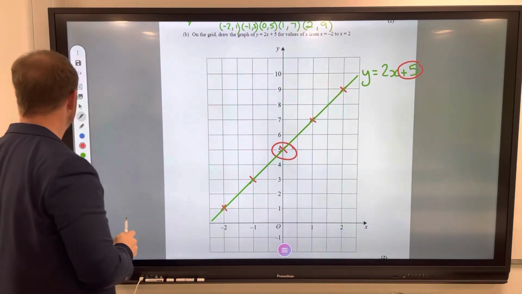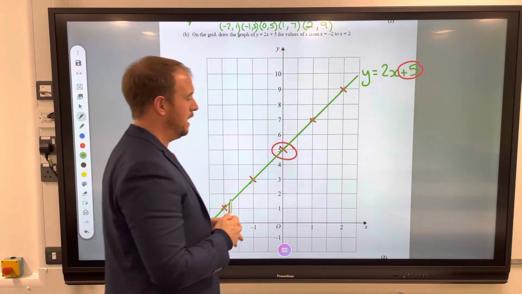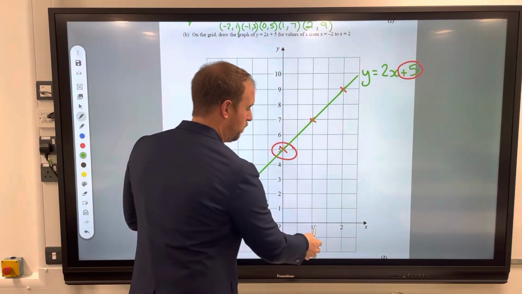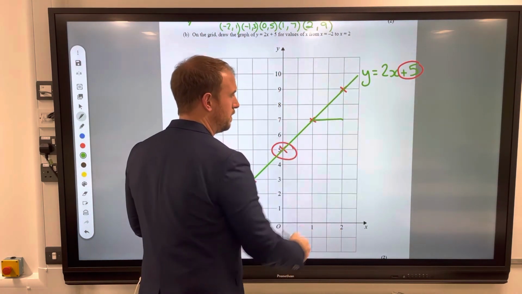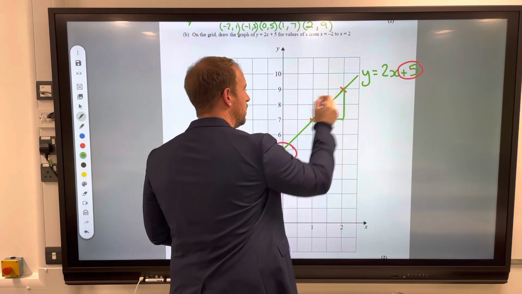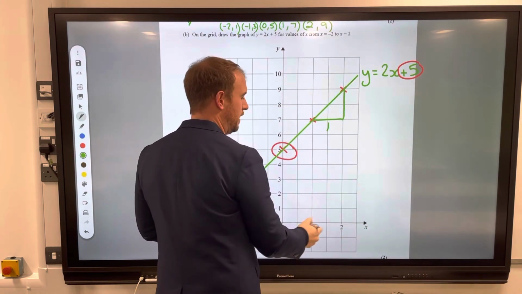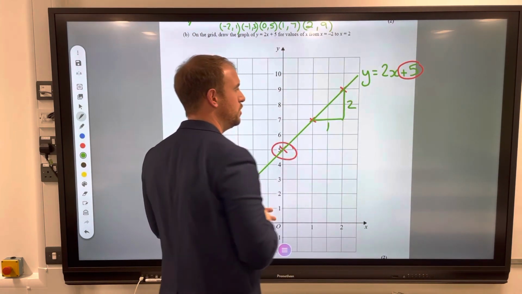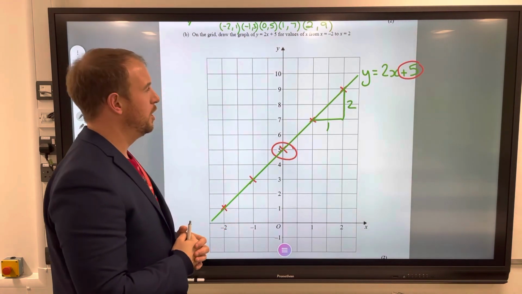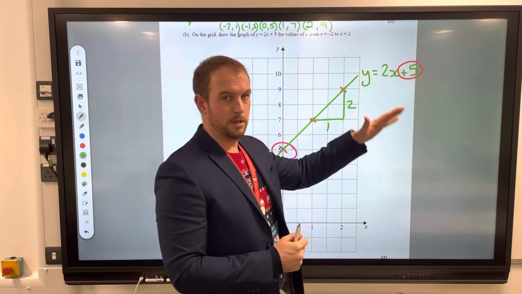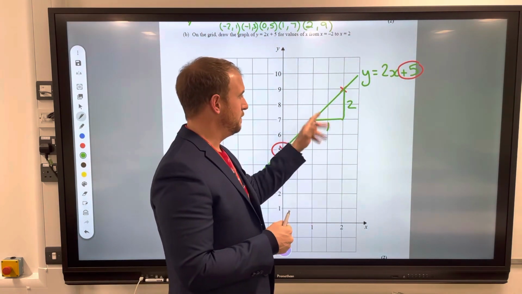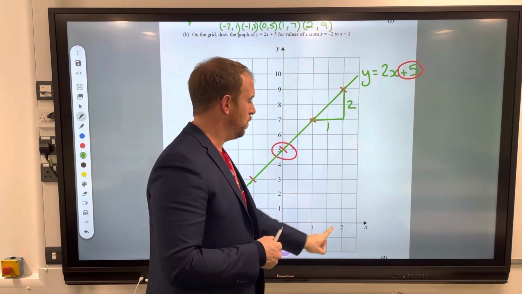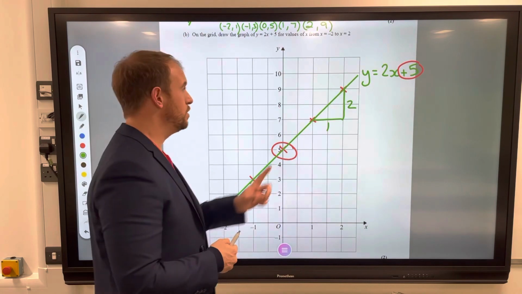Also, look at how steep, okay? Look how steep this line is. For one value across here, okay, 2 squares for one value, we have gone up 2. So for one value across, we've gone 2 values up, okay? This steepness we know as the word gradient, okay? So the gradient for this will be 2, because one value across, it goes 2 squares up.